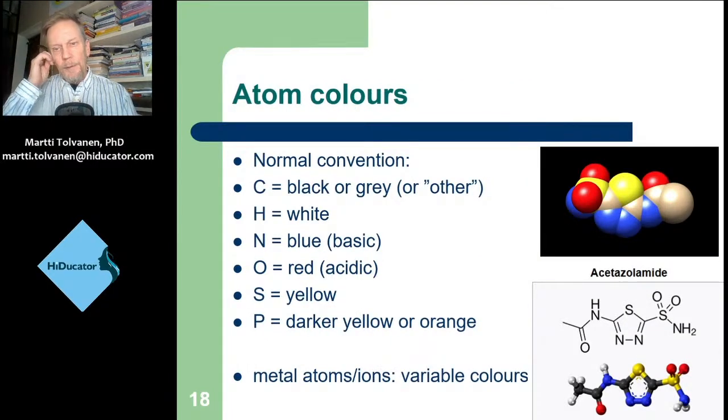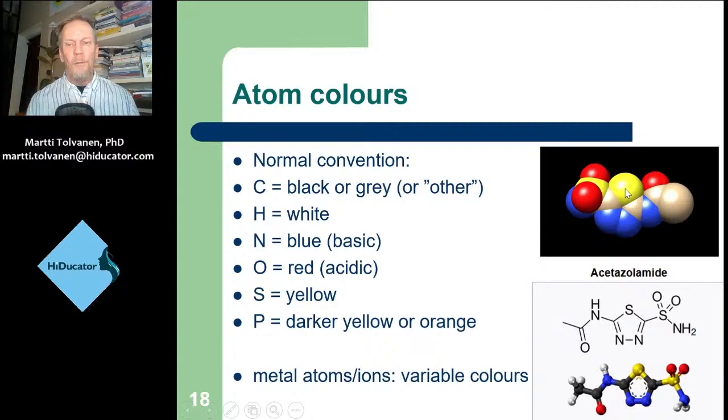Now, the elements in chemistry have their typical colors, which are shown here. There's red for oxygen and blue for nitrogen, which correspond to the basic and acidic colors of your indicator paper. Sulfur is usually in yellow because sulfur as the element powder is yellow.